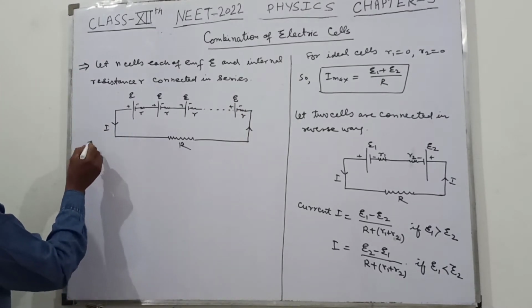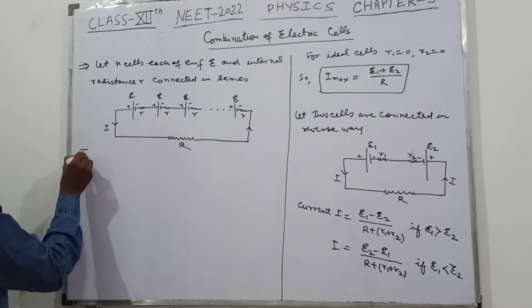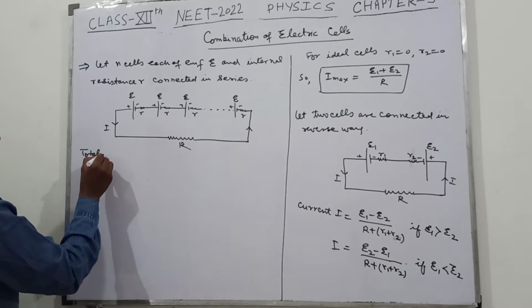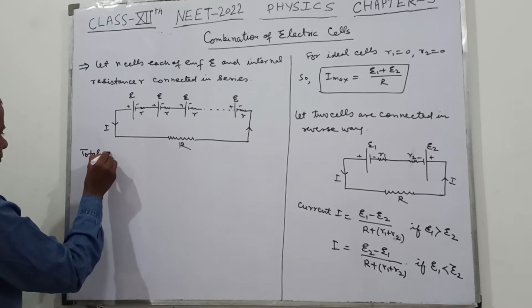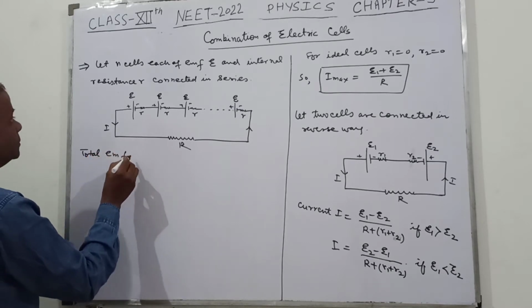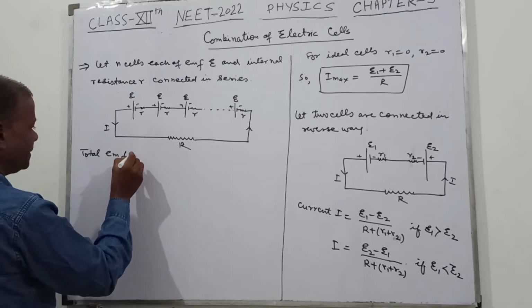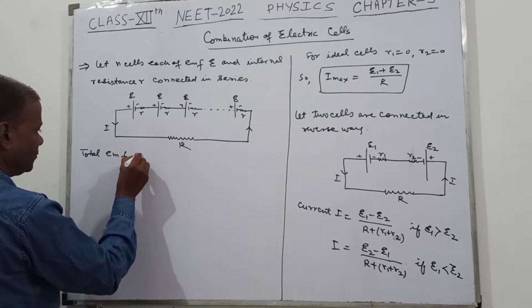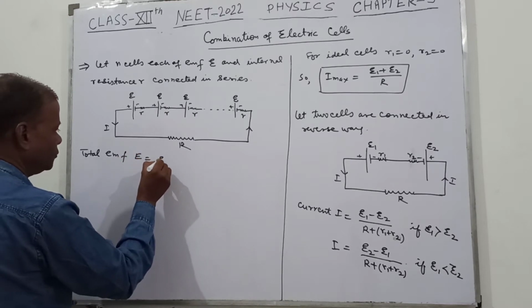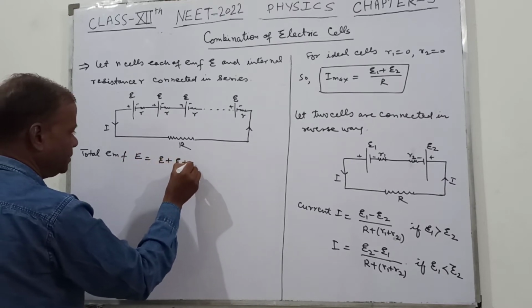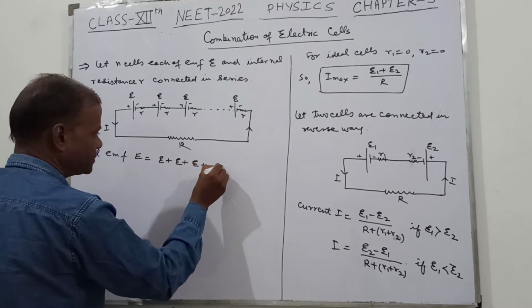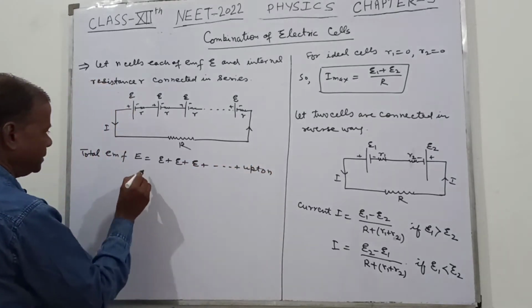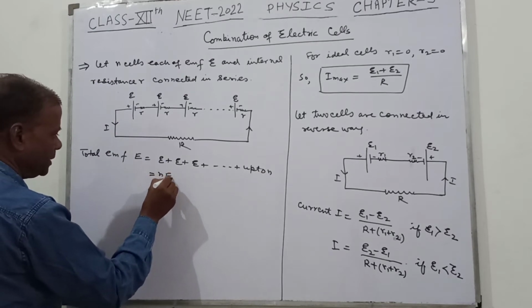So now total EMF, E equal to E plus E plus E plus up to n, then this will equal to nE.